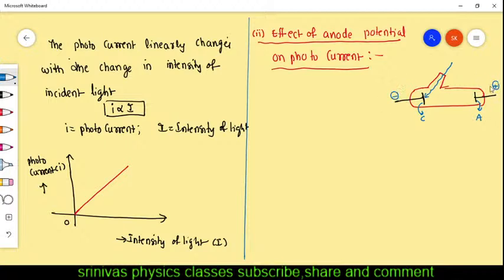When the positive potential of the anode increases, electrons are released here and travel like this. If the positive potential of the anode increases, then what happens? We keep the frequency of incident radiation constant, and the photosensitive metal's nature also constant, for a given photosensitive material.